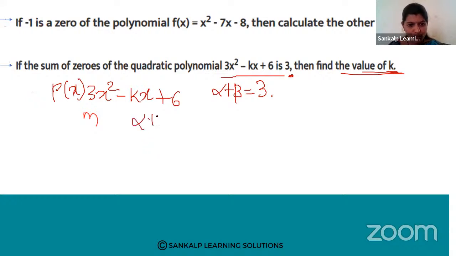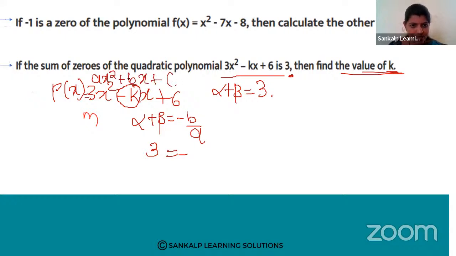That means we know the formula: alpha plus beta is equal to minus b divided by a. So alpha plus beta value is 3, right? Minus b value is minus of minus k here. So this is the b value, because this is a quadratic polynomial in the form ax square plus bx plus c. a is 3, b is minus k, c is 6.